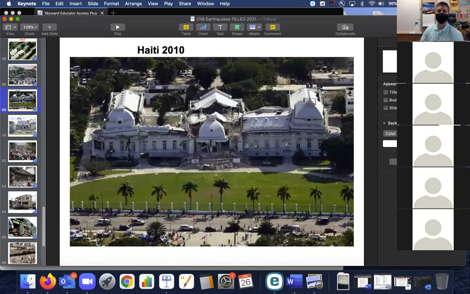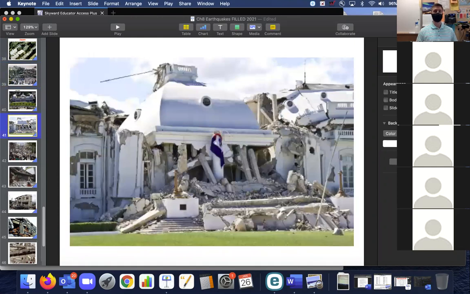We have a few pictures from Haiti from 2010. They had a very large, very deadly earthquake. This is the presidential palace. One of the reasons this was such a deadly earthquake is because of concrete. Because of the climate in Haiti, concrete is something that's really good to build with, because Haiti is so hot, with a lot of moisture.